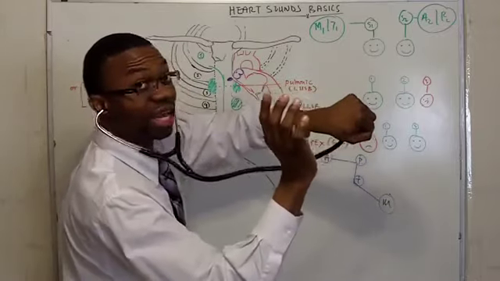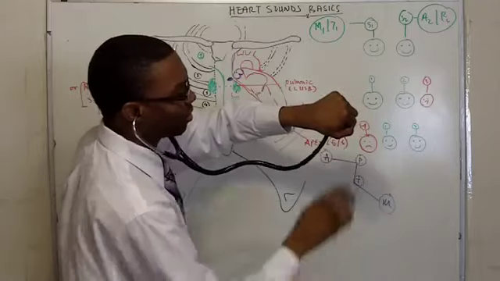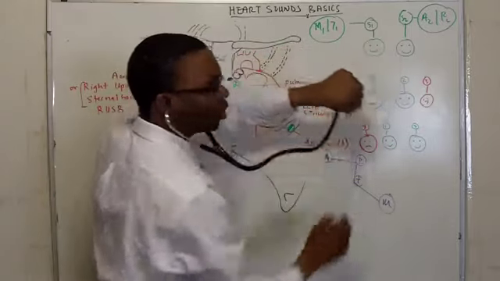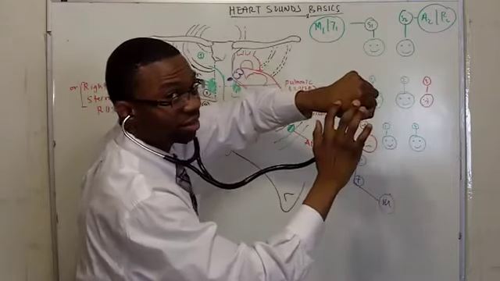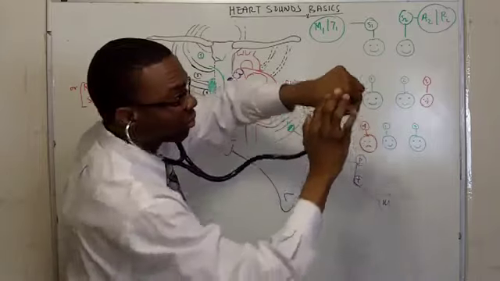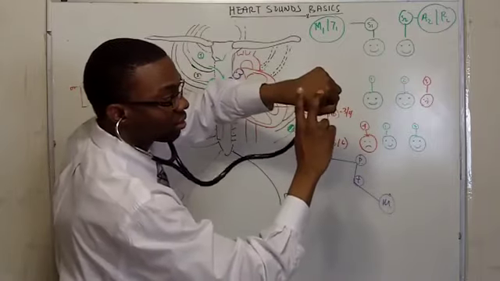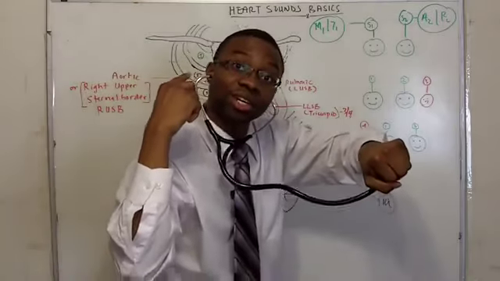And this is S1. Yeah, I know, one sound. Look at that. S1. That's mitral and tricuspid. S2. Look at that. Now, when you have your stethoscope, you can actually hear this inside your ears.